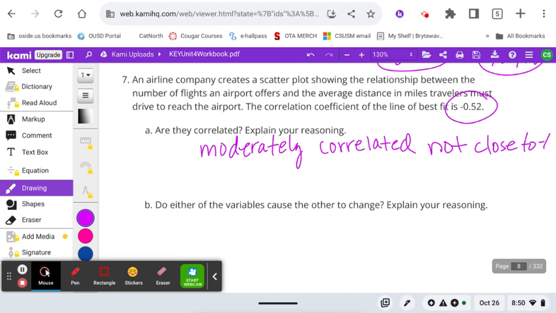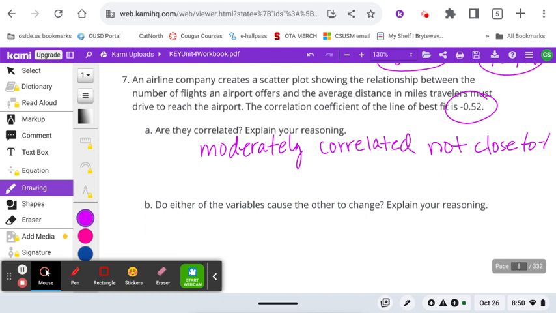Explain your reasoning. It is unlikely that the number of flights offered causes the average distance that the travelers must drive to decrease. Offering more flights does not change where people live. When people live closer to the airport, that doesn't necessarily mean they're going to offer more flights from the airport.